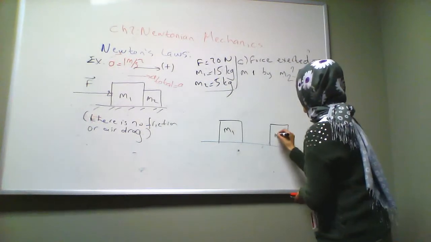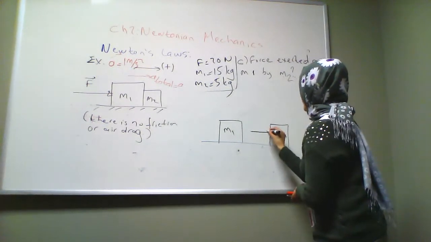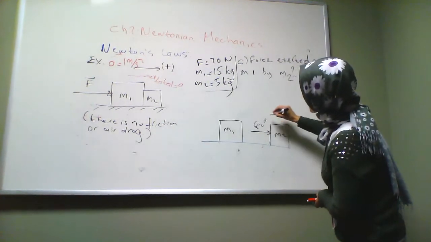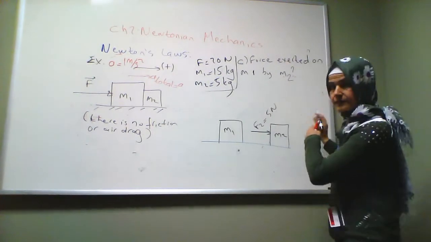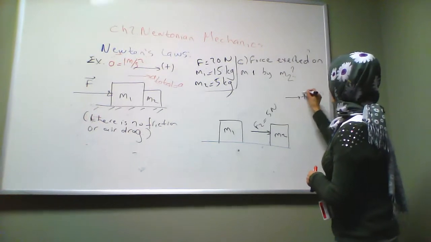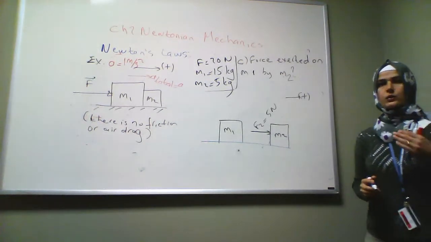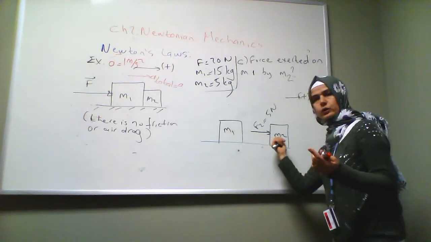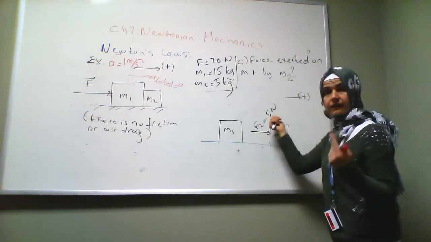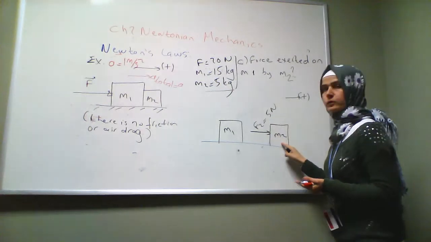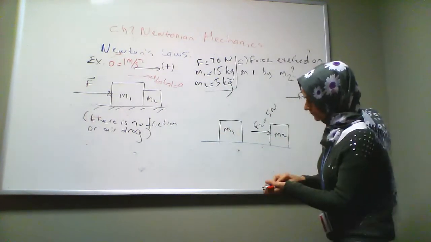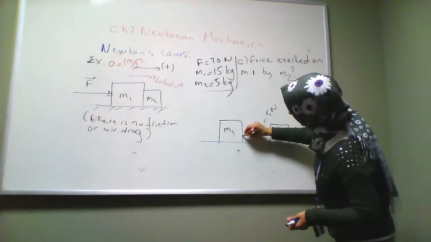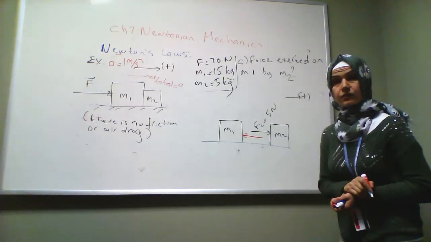We found the force exerted on M2 by M1, F2, is equal to 5 Newton to the right, and it's my positive direction. Due to action-reaction forces, if M1 is acting on M2 with a force equal to 5 Newton, M2 will be reacting back on M1 with a force equal to F2, opposite in direction.